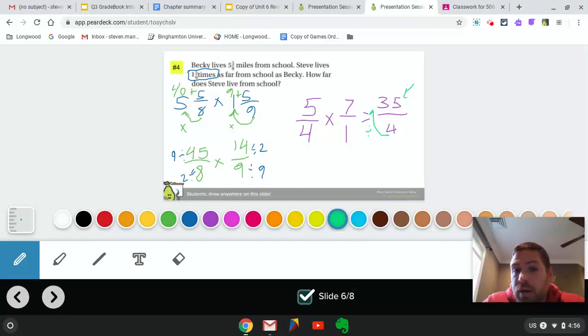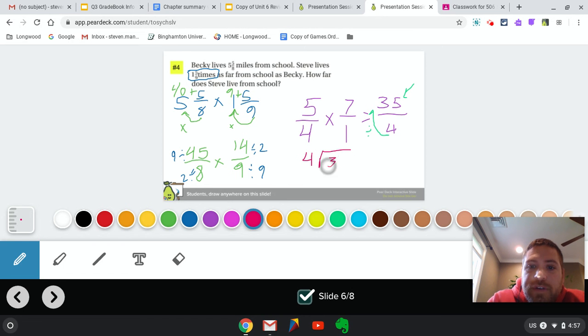And it's going to become a mixed number again, right? We multiplied 2 mixed numbers, and now our answer is going to become a mixed number. So I'm going to go ahead and divide here. I'm running out of room. 4 goes into 35 8 times, and that's 32. And we get 3 left over, so I have 8, remainder 3.